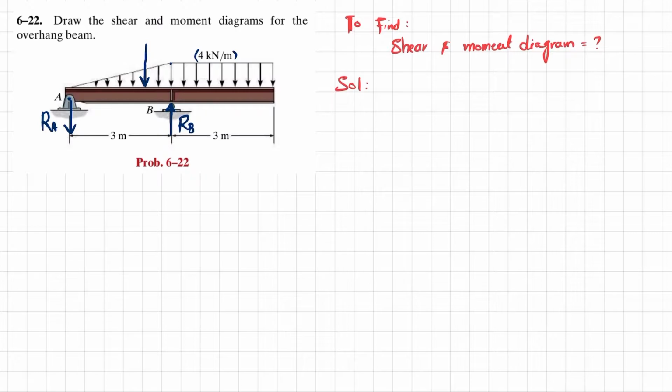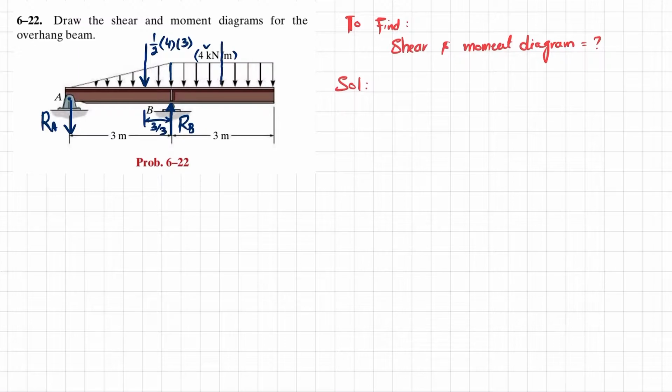This will be 1 over 2 into its height, which is 4 kilonewton, and its length 3 meter, and it will act at a distance of x by 3, meaning length 3 by 3, which is 1. Clear?